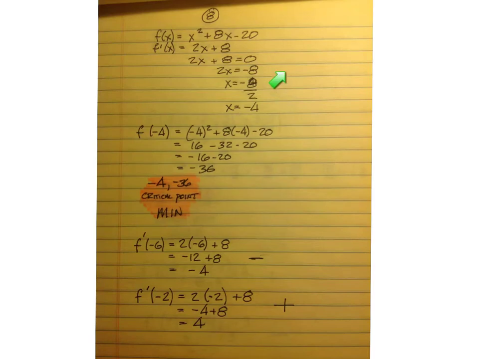On this one, take the derivative, set it equal to 0, and you get a -4. Plug that back in up top to get a point of -4, -36. Find values on either side of -4. I chose -6 and -2. I get back a minus plus, so that is a minimum.